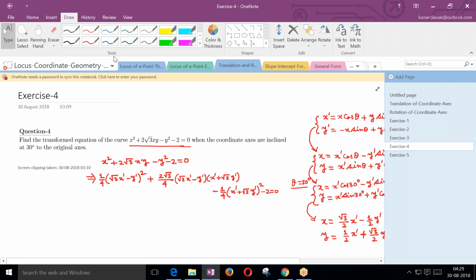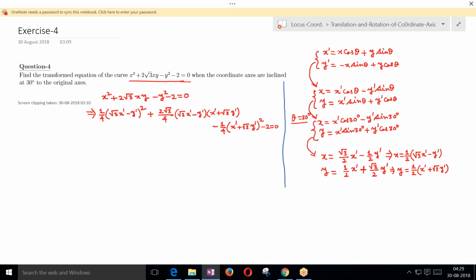Now if we simplify further, this is just algebraic simplification, nothing else. If we make the algebraic simplification, then this implies 1 by 4 we can take common, and then let's start expanding.